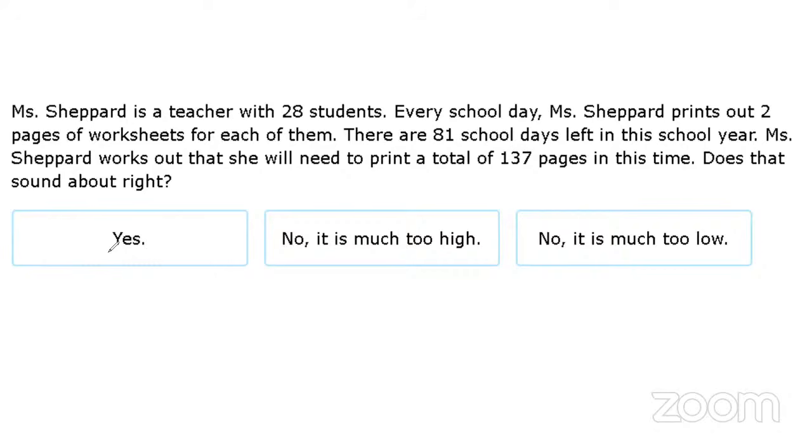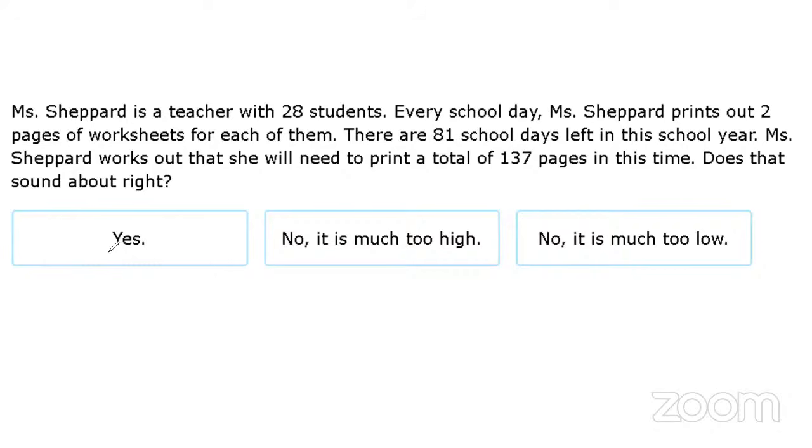In order to figure out our answer, we need to know what the actual answer is, or what it is about. Let me look at what Vashon is saying. He says C is the answer because if she has 28 students and has 81 days left, she must multiply 28 times 81 to get the pages she needs. But remember now, it also says 2 pages each day for each of them.